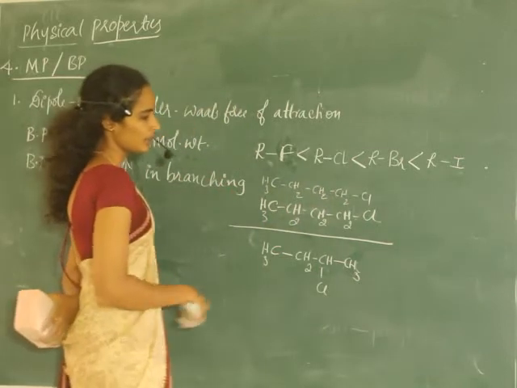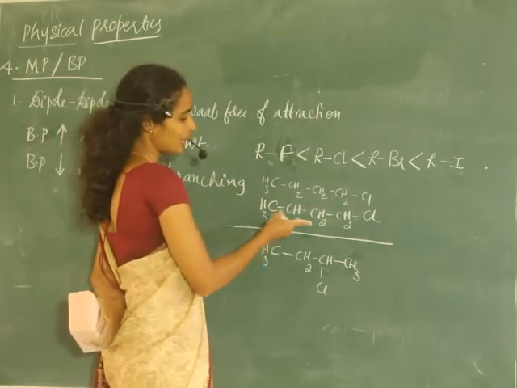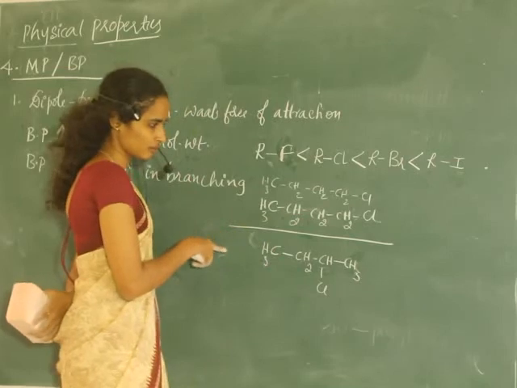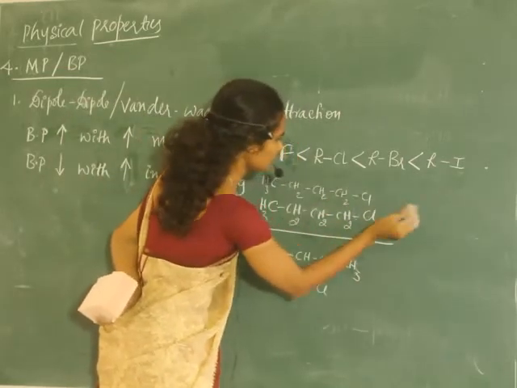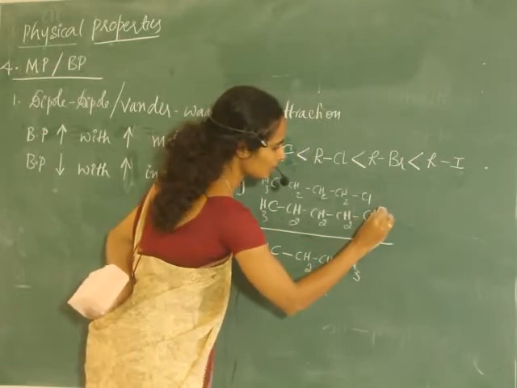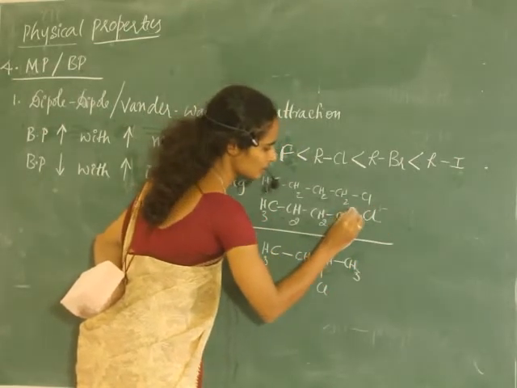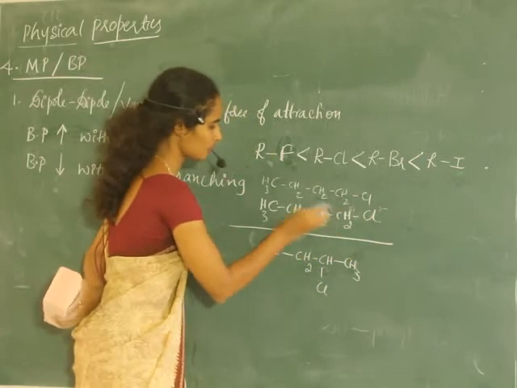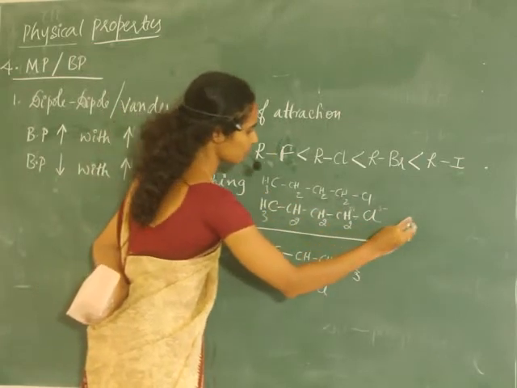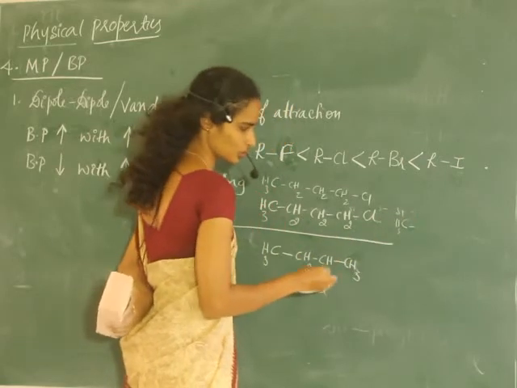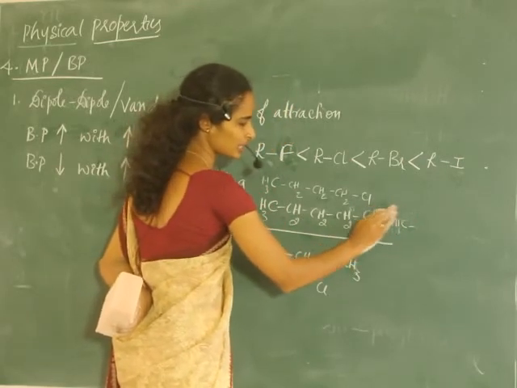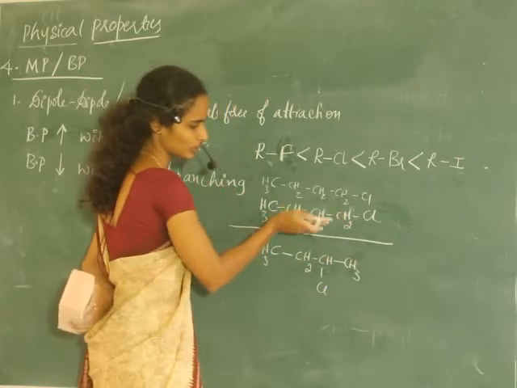Here there will be dipole-dipole interaction. If I write this compound here, then this becomes delta minus and this carbon becomes delta positive. It will again come and react with another molecule, delta negative, delta positive. Hence dipole interaction will be there between these two.